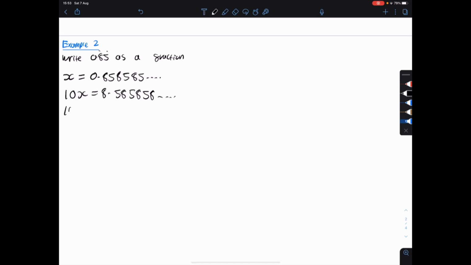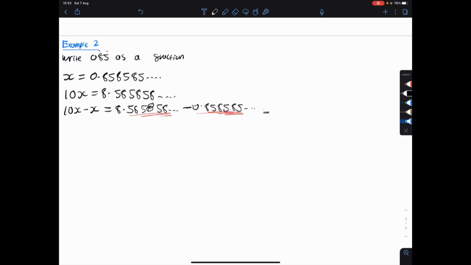So we'll get 10x take x on the left hand side, and on the right hand side we'll get 8.585858, and so on, take 0.858585, and so on. As you can see, these decimals here are not going to cancel each other out, so we can't do it this way.